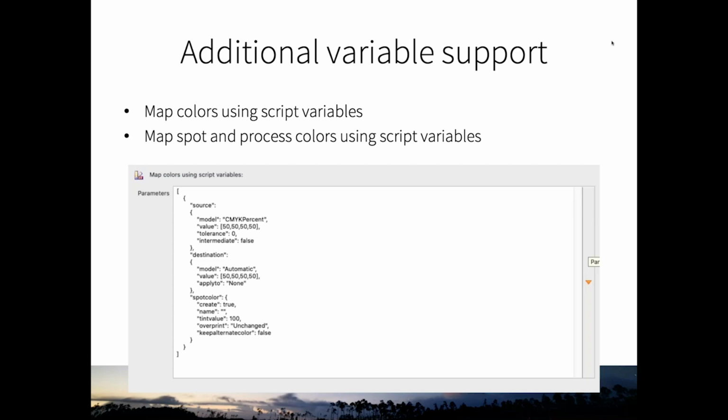And if you've ever looked at processing, for example, a color guide with lots of different spot colors for a customer, to do correct mapping of RGB to spot or CMYK to spot, then this could be a way to make that much more flexible.